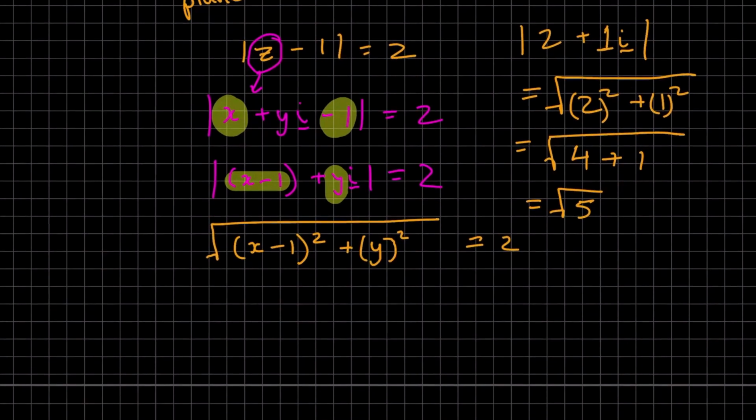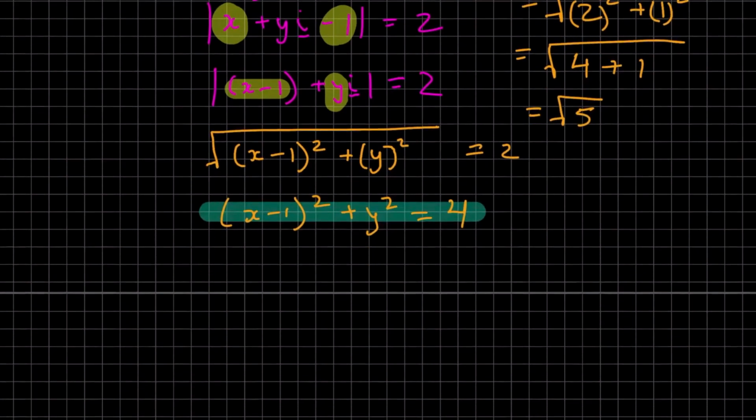If we square both sides to get rid of the square root, we will end up with an equation of x minus 1 squared plus y squared equals 4. Now we have converted this into a Cartesian equation.